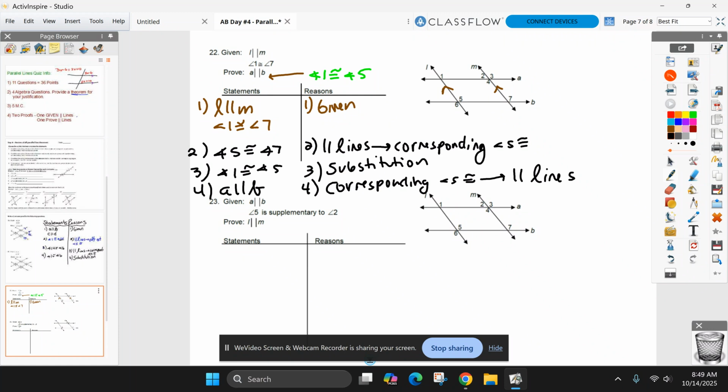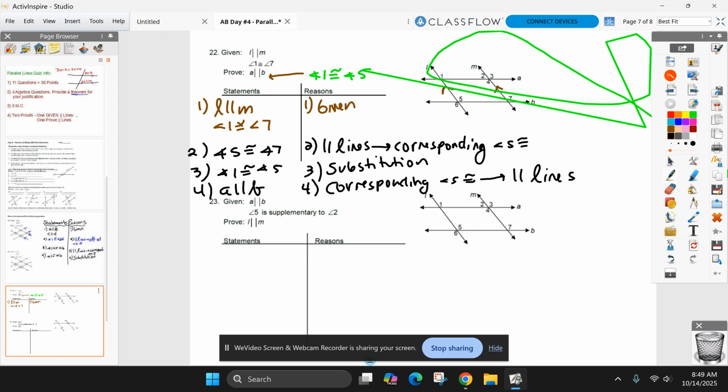Get out your Chromebooks, please. Open up to the answer key to all these questions. All right, you're looking for day 4 on Classroom, day 4.